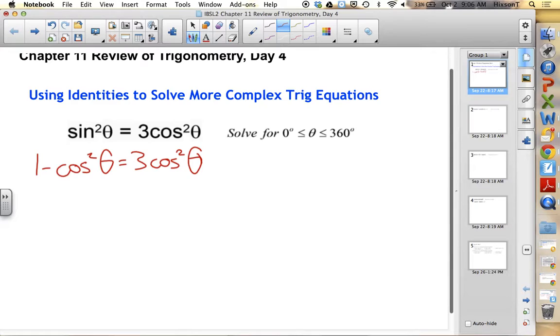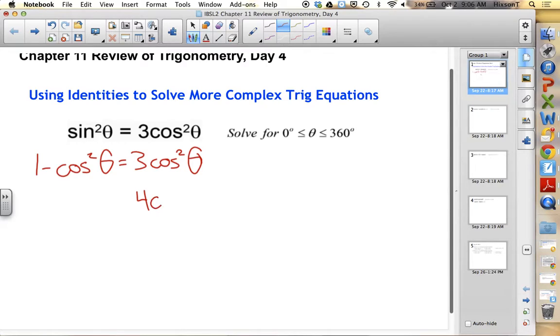So now what do we have? Could you do something with the 1? Just simplify it, just add cosine squared to both sides, make it a little easier.